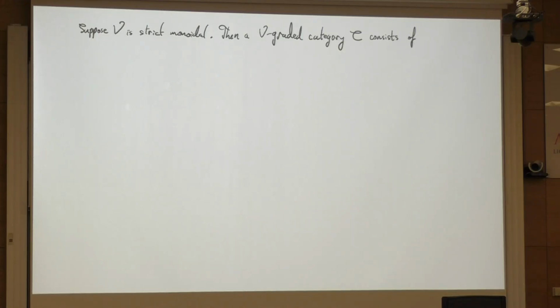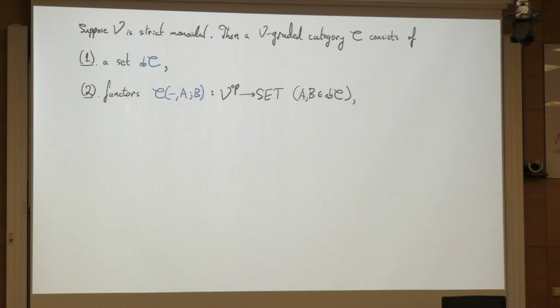And then a V-graded category, C, consists of the following data. A set, ob C, of objects, so like an ordinary category, these V-graded categories have objects. But then, instead of having Hom sets, a V-graded category has presheaves like this, from an object A to an object B. And we're introducing this new notation for these presheaves.